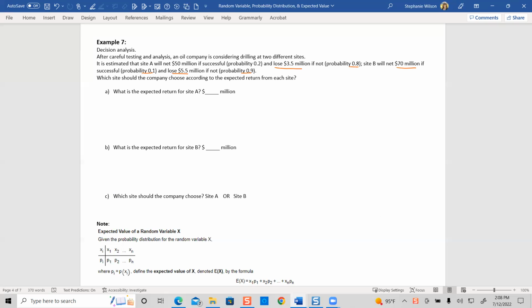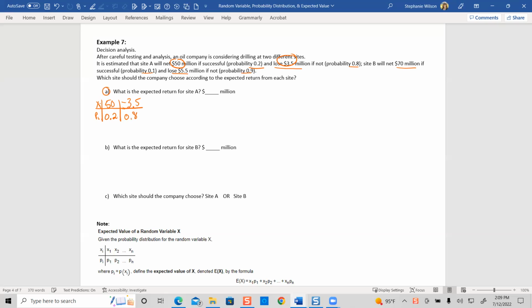So what we need to do is go ahead and create our table. This is going to make it so much easier. So if I create my table, I have my x_i and p_i. Okay, so at the $50 million here, we have 0.2. Then the 3.5 million loss, we have 0.8.